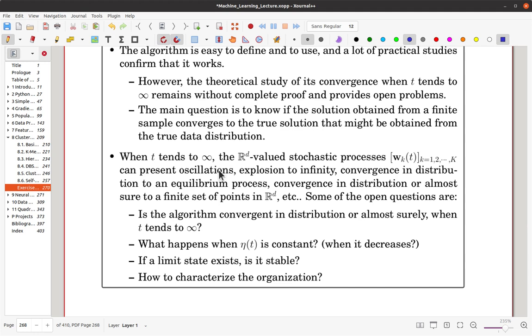The reason people are considering these issues is that the convergence is not so clear and not so fast, and also it's not very stable.